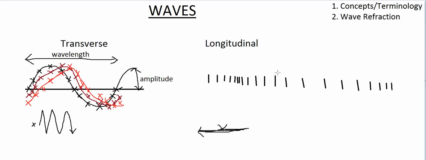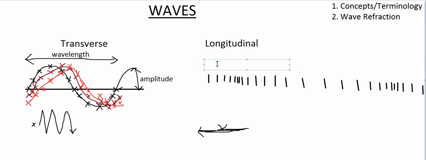So this is how longitudinal waves look like. All these particles are moving left, right, and left, and right, and left.